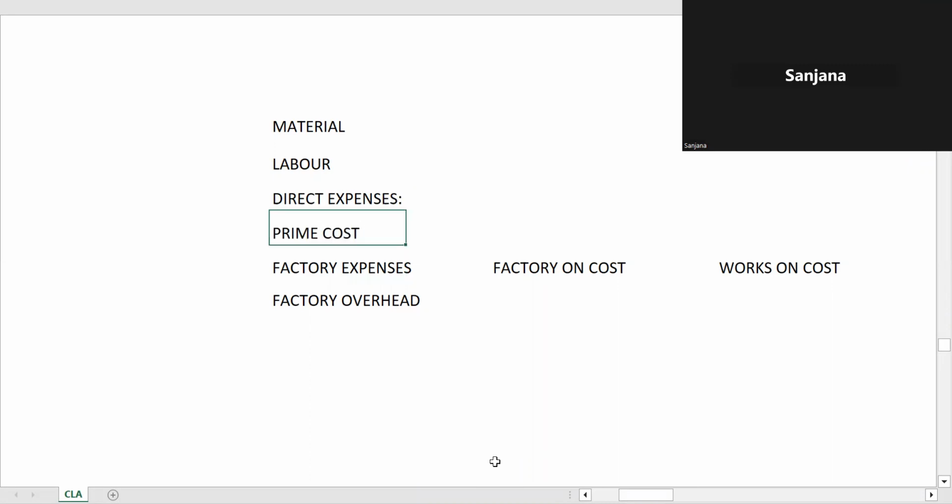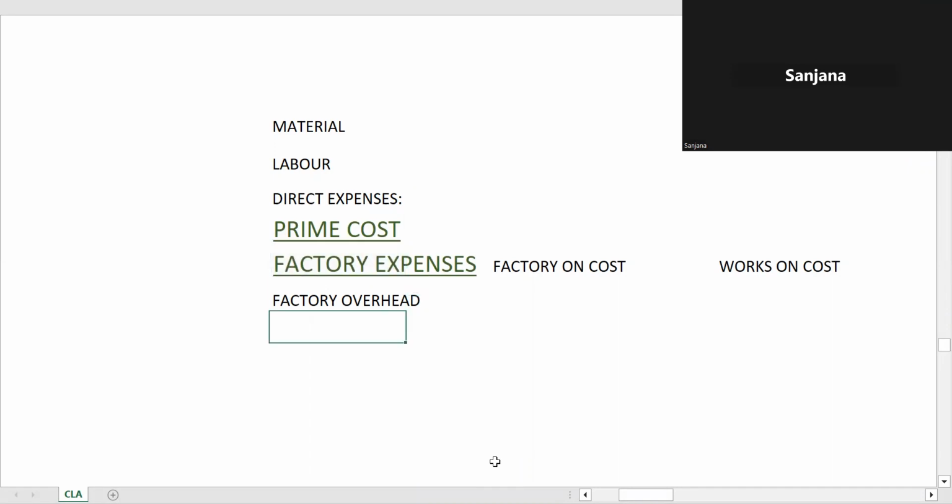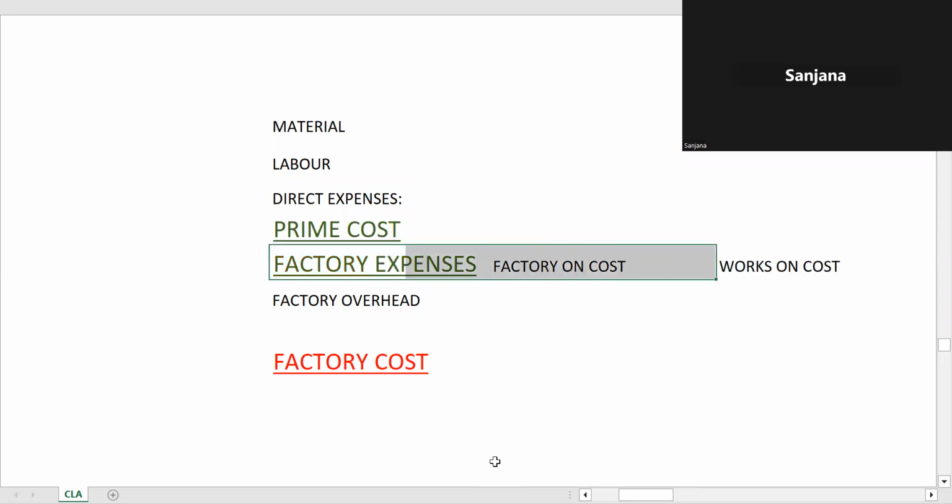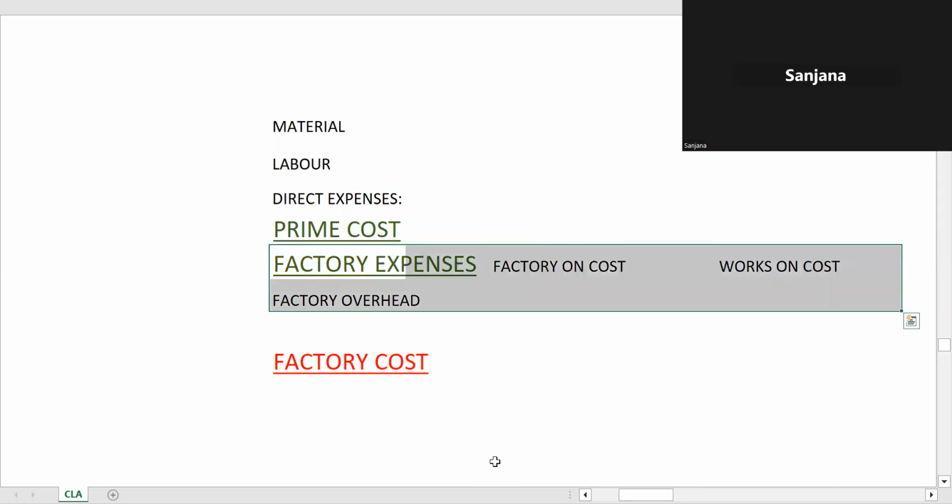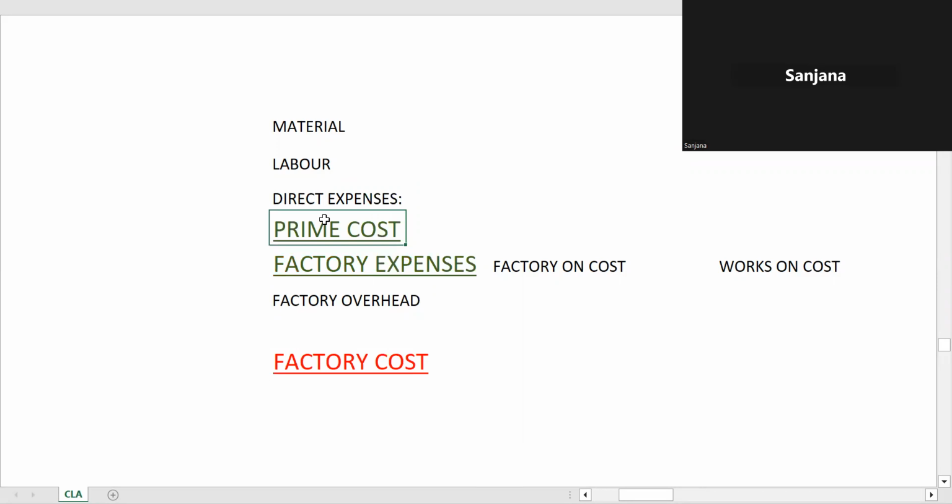When you add this prime cost to factory expenses, what you get is called factory cost, or manufacturing cost or works cost, the same names. So which is why this is called factory cost if you add these two. When I say factory expenses, it means this sub part; it doesn't include prime cost. But when I say factory cost or manufacturing cost, it includes this also.